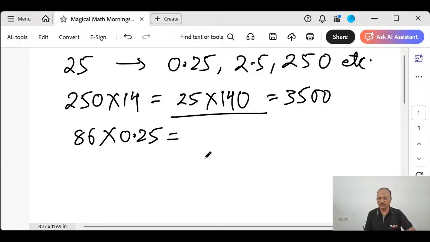Either rewrite this or directly also we can do. Correct? Rewriting what we'll get? 8600 into 25. Now it can be done easily. Correct?